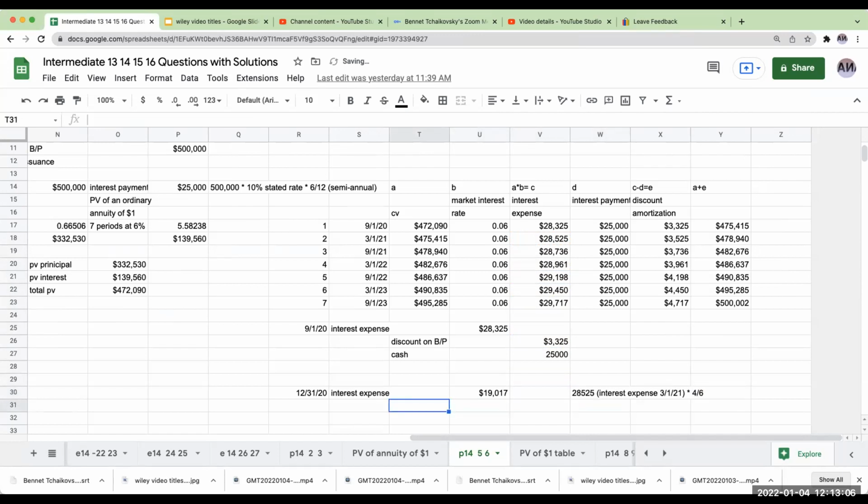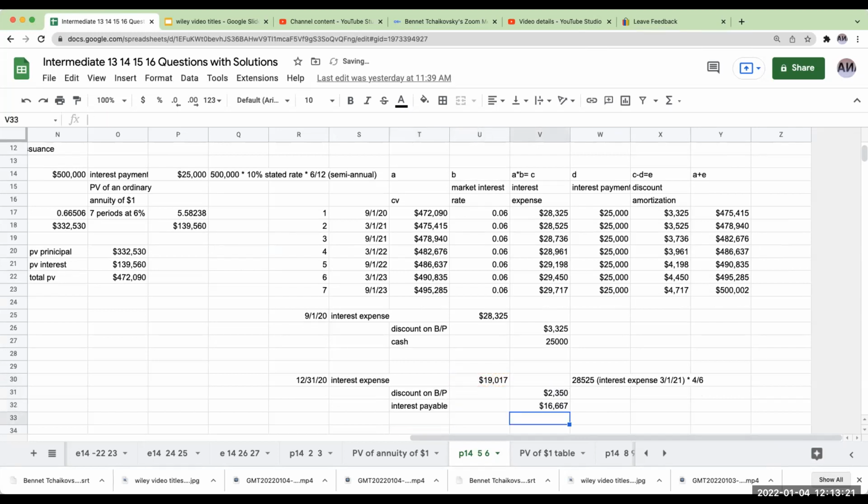So right over here, I'm going to debit interest expense. I'm going to credit discount on bonds payable. I'm going to multiply this also by 4/6. And then I'm going to be crediting interest payable. Why am I going through and doing this?